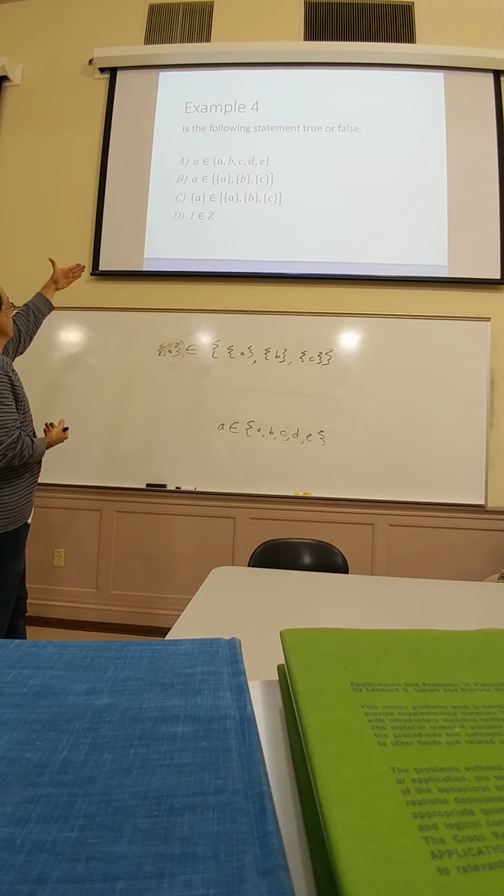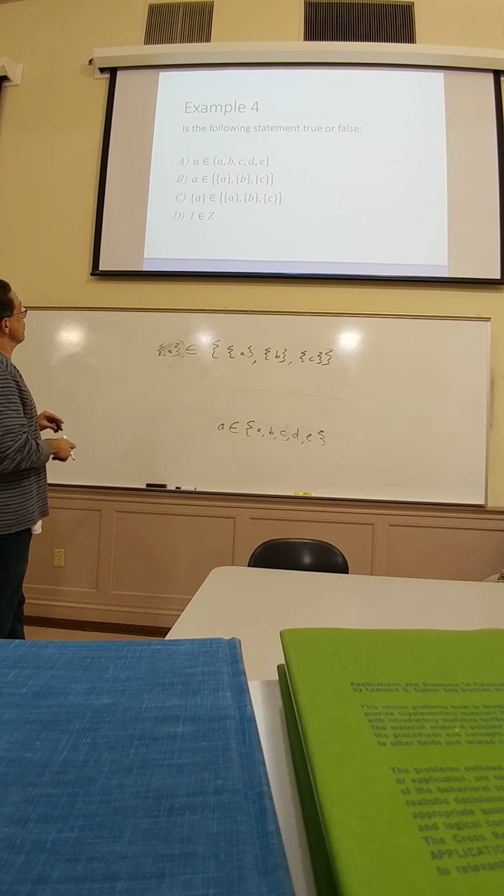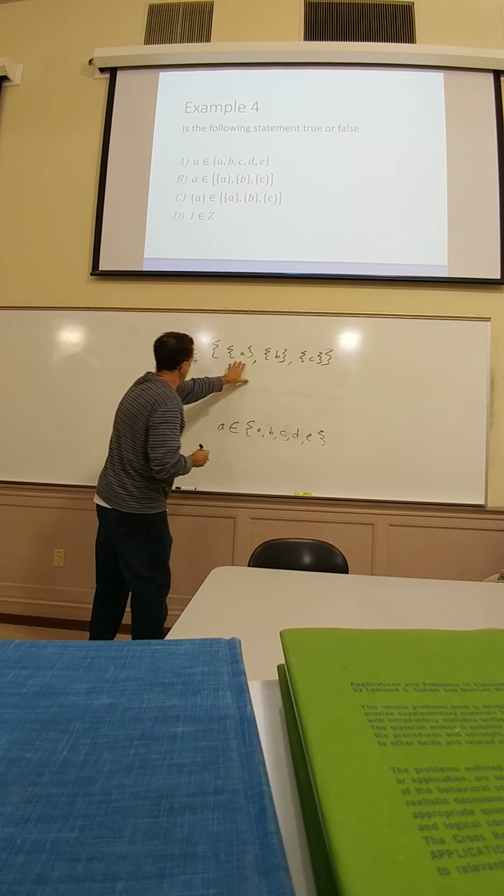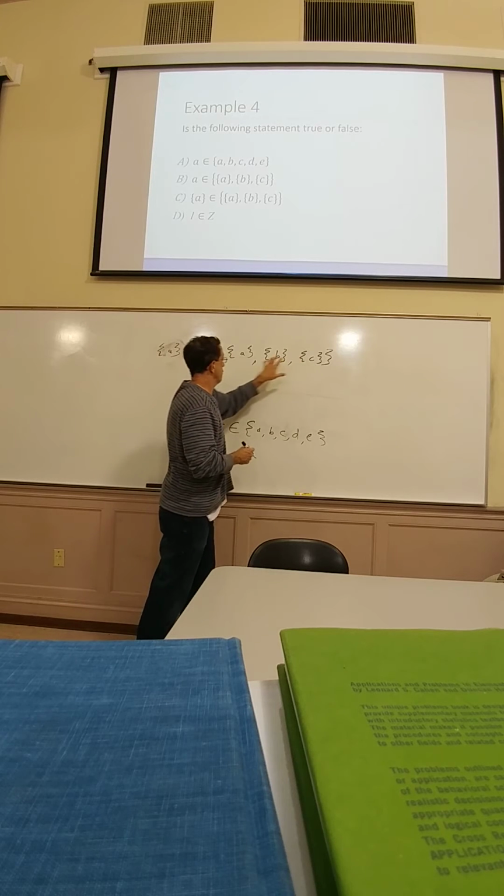So comparing B to C, C is correct because set A is actually one of the elements. So the elements in this set are actually sets.